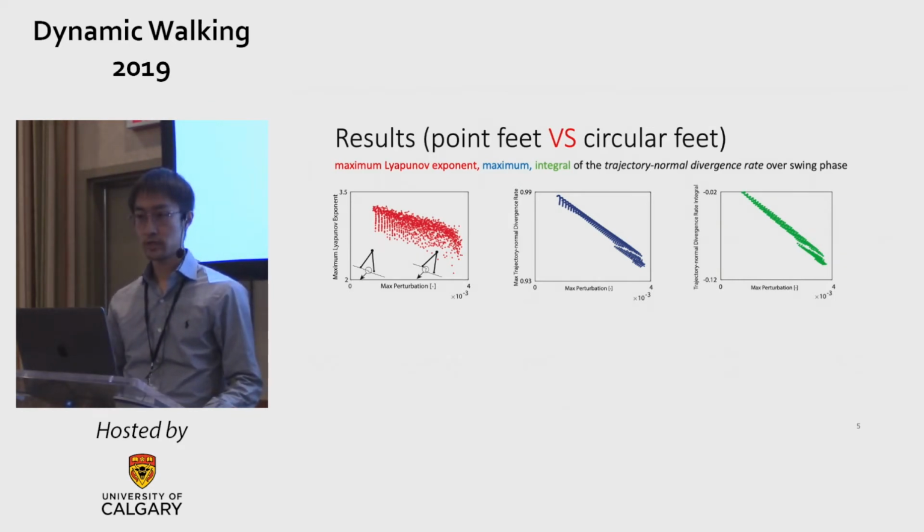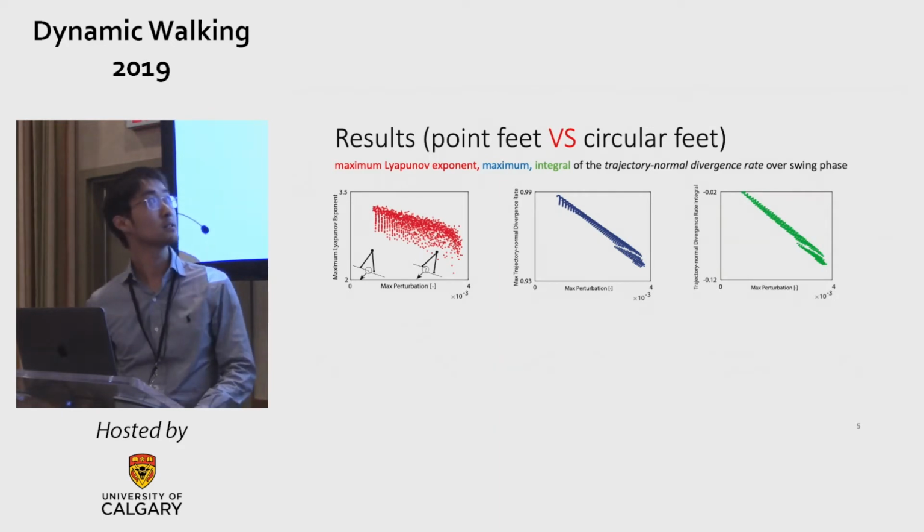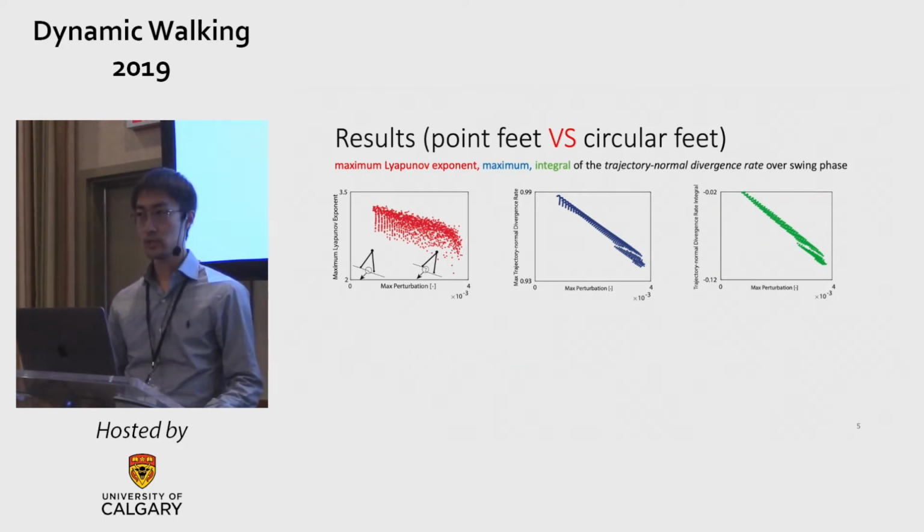For each configuration, we computed the phase-dependent stability measures as well as the maximum Lyapunov exponent, which is on the y-axis. For each configuration, we also simulated the model walking with a step up or step down perturbation at the first step. Gait robustness is then quantified by the sum of the maximum allowable floor height variation of step up or step down.